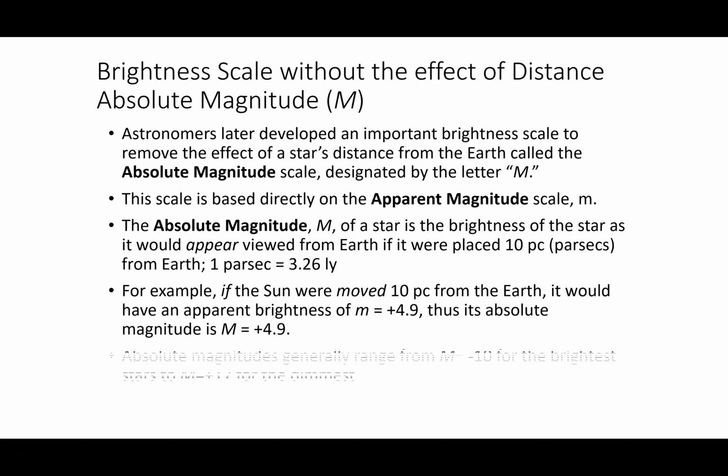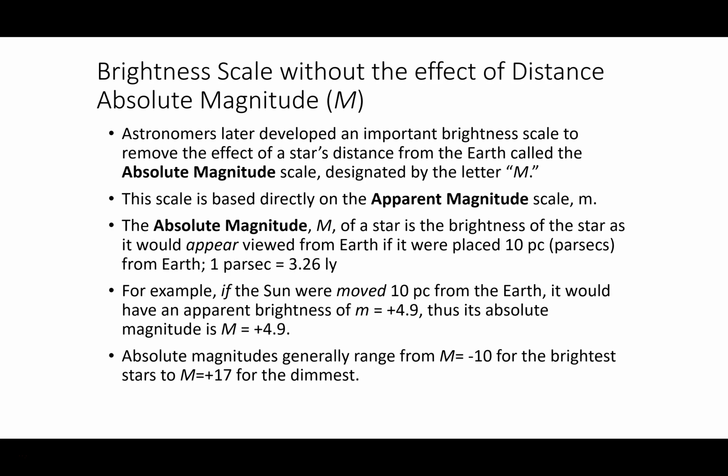And then I want you to be able to explain this other scale, capital M, and it's absolute, not apparent, absolute magnitude. With absolute magnitude, what we do, and I try to describe this in class, is if this is us, we basically line our stars all up at the same distance, and that distance is 10 parsecs, which is about 32 light years away.